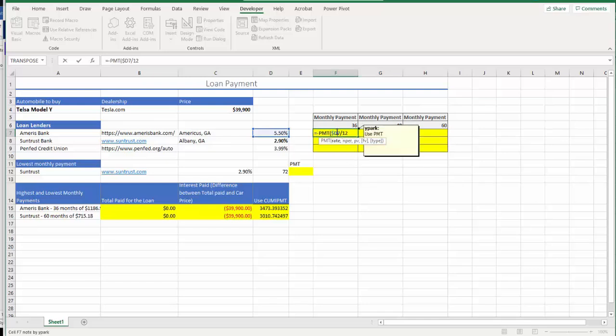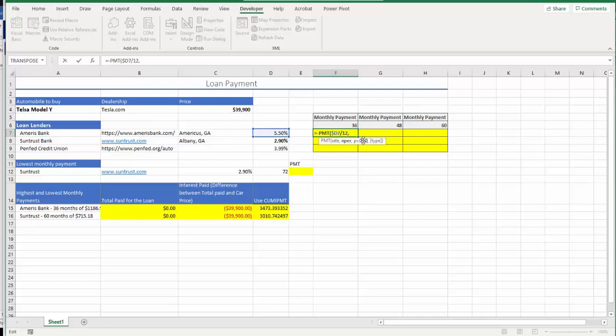However, 7, which is the row number, will remain relative, meaning that it's going to go up to 8, 9, 10 as you copy further down. All right, so if you don't understand absolute cell reference, you can always look for help on Excel.